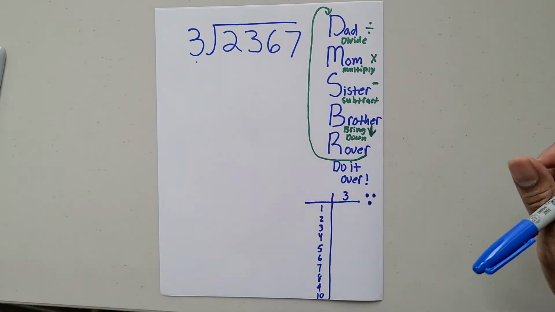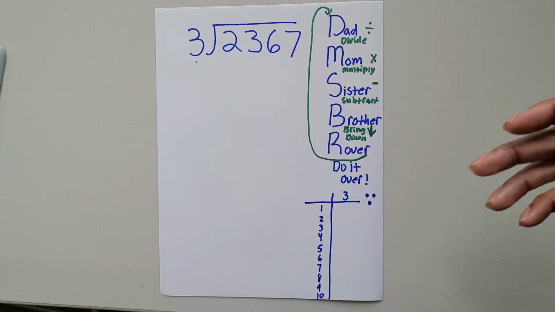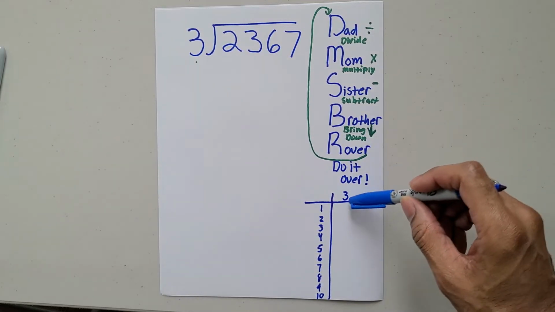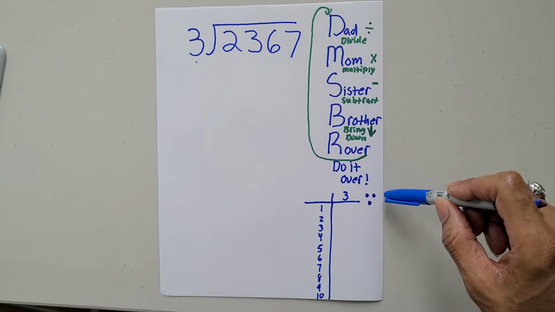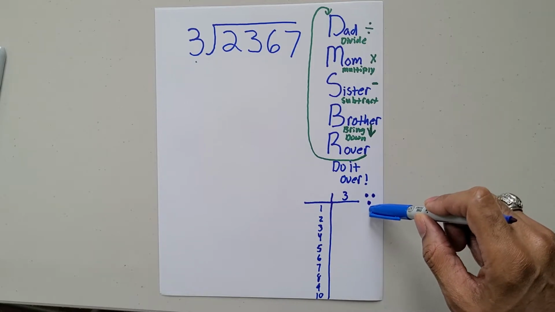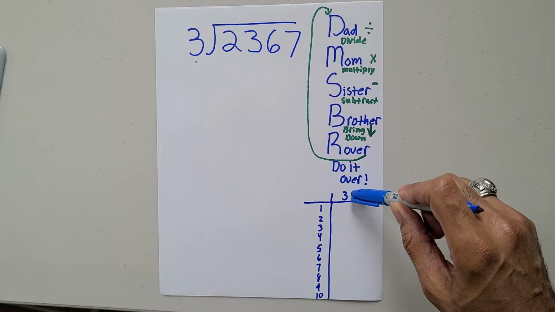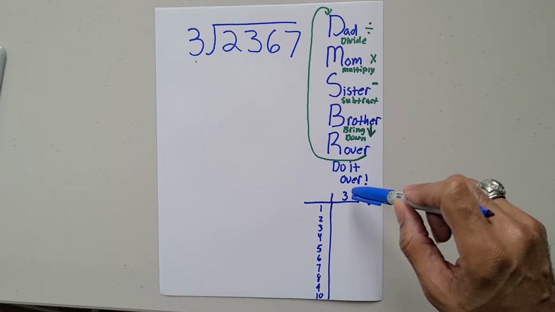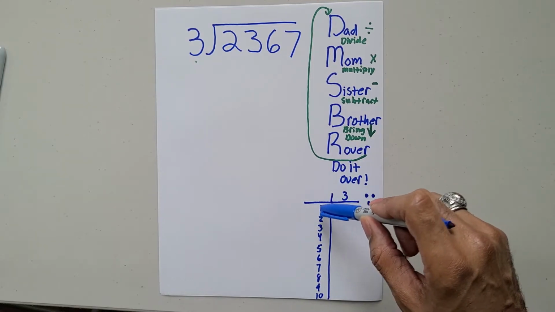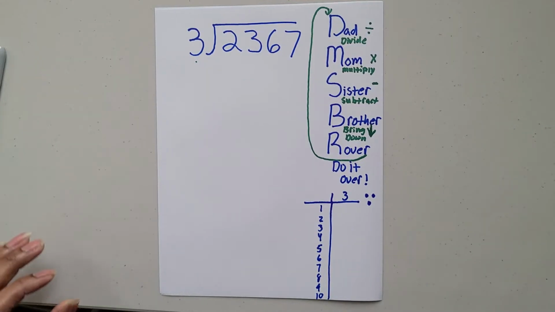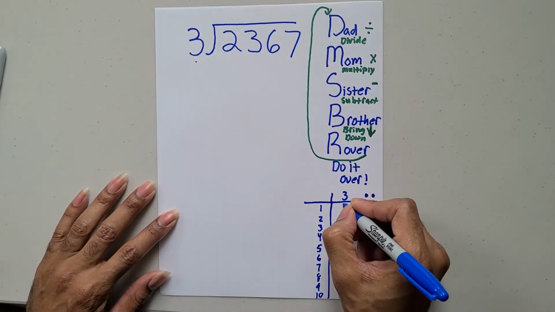Now, in order to know the fact family for 3, I have my number 3 right here, and then I have my 3 dots. My 3 dots symbolize the number that I am going to multiply. Now, if you look at it, if I do the number 3 times 1, that will give me 3.